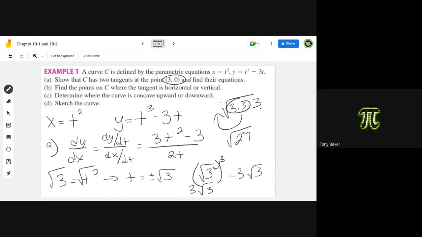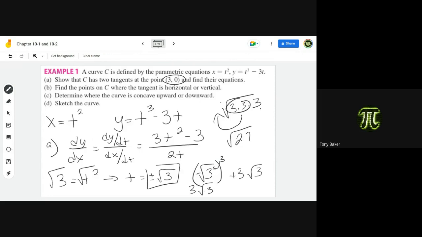It's 3 to the third power. So what's the square root of 27? Same concept. It's square root of 9 times square root of 3. Square root of 9 is 3, and there's a 3 left over. So 3 square root of 3 minus 3 square root of 3 gives you 0. And if I was to do the negative side of this, all that would happen is both sides would change, and it still would be the exact same thing.